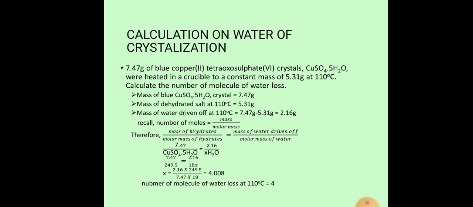That is how we got our 18X. 18 is the molar mass of water, while X is the number of molecules of water present in the hydrated salt. Now, when this is equated, X can be deduced as approximately 4. That means that the number of molecules of water lost at a temperature of 110 degrees is 4.